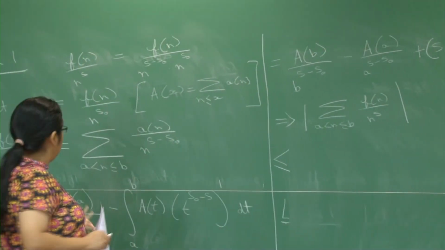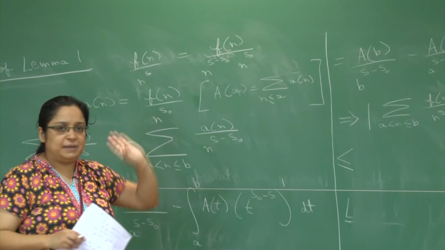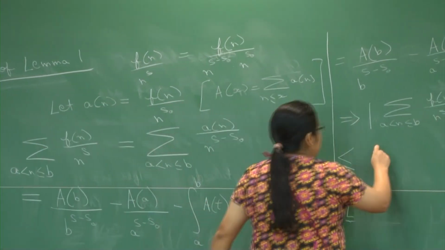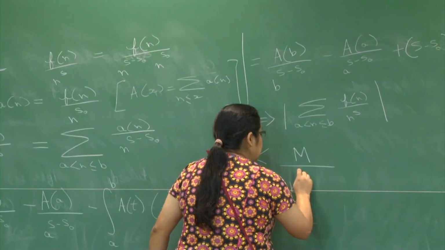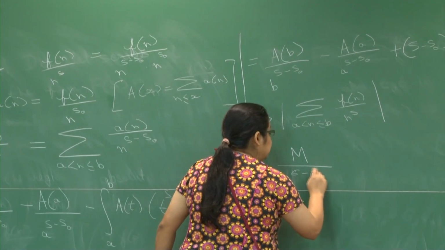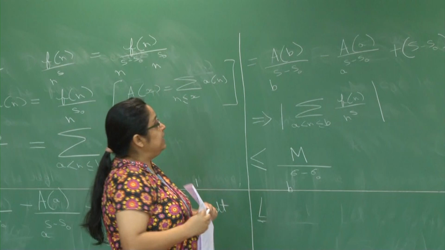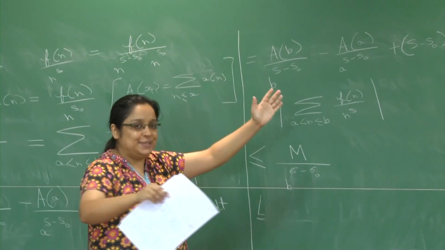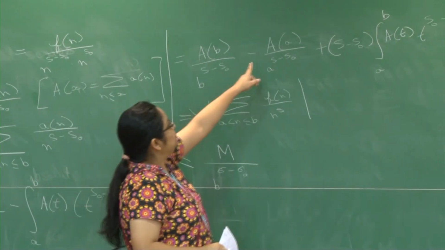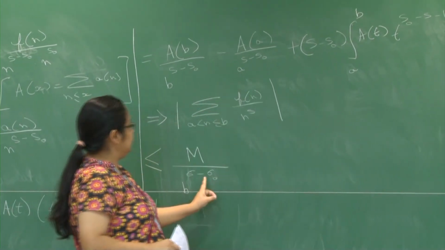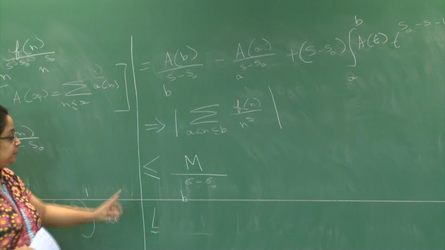That's how you started off the lemma. It was bounded above by some number m. So you have m over b raised to the sigma minus sigma 0. Then you have plus, remember with absolute values, the negative will become a positive, so plus m over a raised to the sigma minus sigma 0.